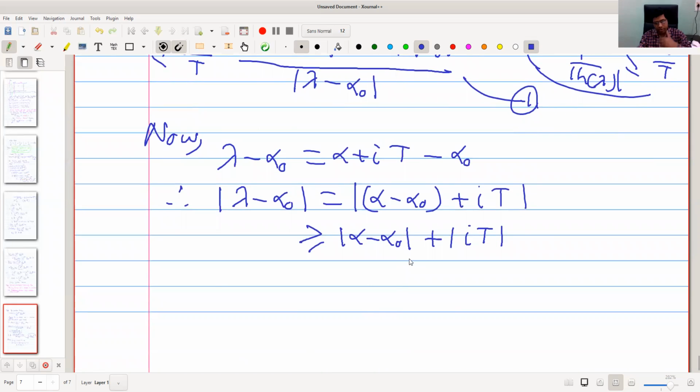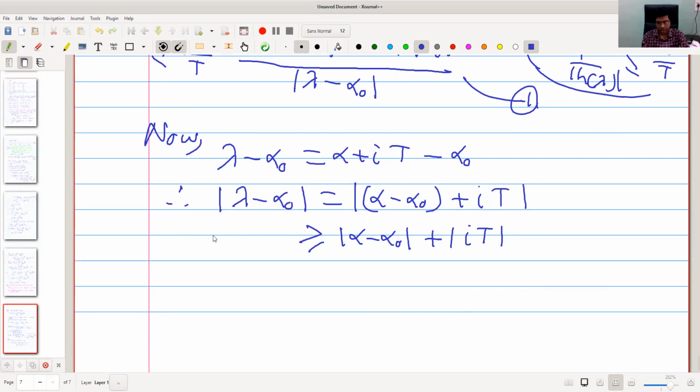Now alpha is bigger than alpha 0, so this thing is greater than 0.